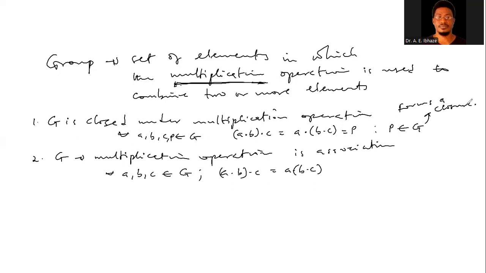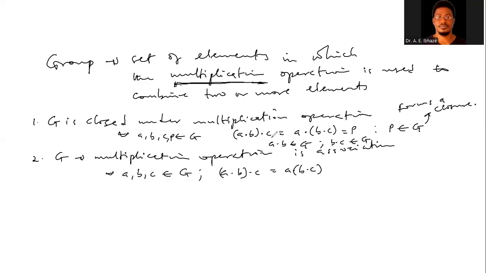Okay? It forms a closure. So technically, what we are trying to say for closure is that A dot B must be an element of G the same way as B dot C should also be an element of G. The same way any multiplication operation should be an element of G.